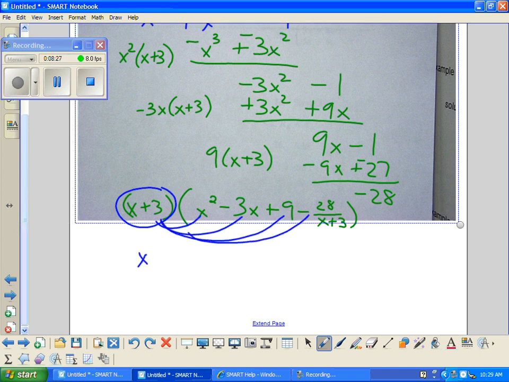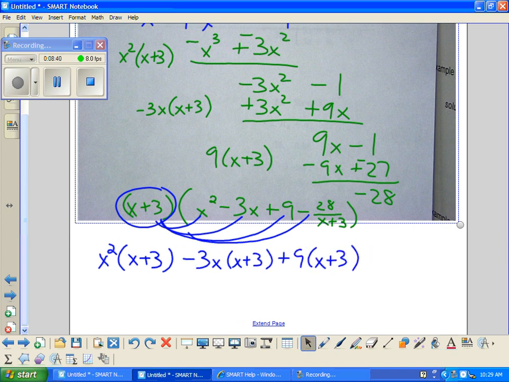Now I'll get x squared times x plus 3. I will get negative 3x times x plus 3. I will get plus 9 times x plus 3. And I will get minus 28 over x plus 3 times x plus 3. And we do it this way so that these 2 on the end cancel.